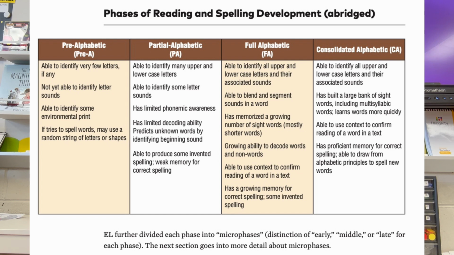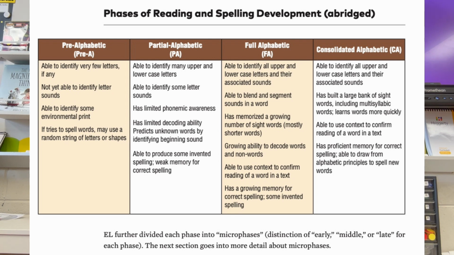We have the partial list, where you're basically at the beginning of your reading journey. You're learning short vowels and blends and things like that. The next phase is the full phase. In the full phase, that's where you start getting into more challenging phonics patterns like silent E, R-controlled vowels, and things of that sort, vowel teams.